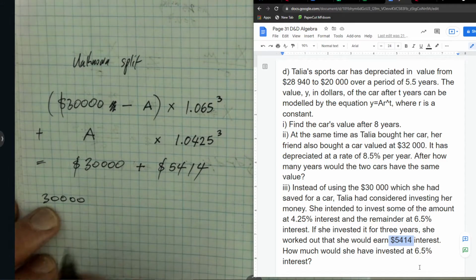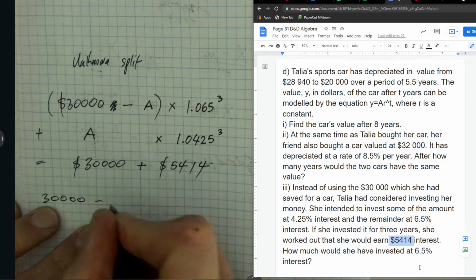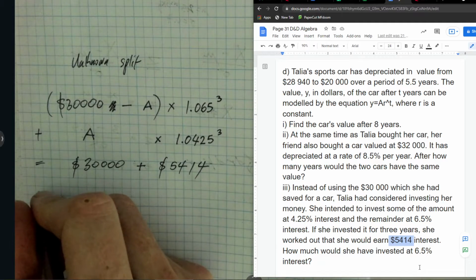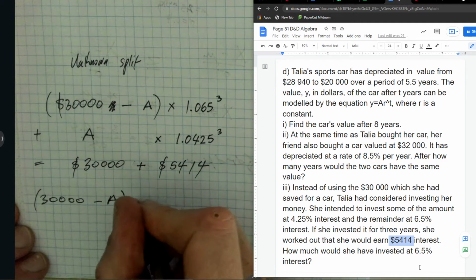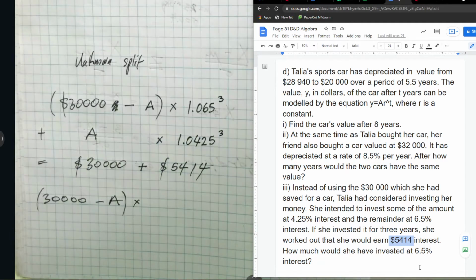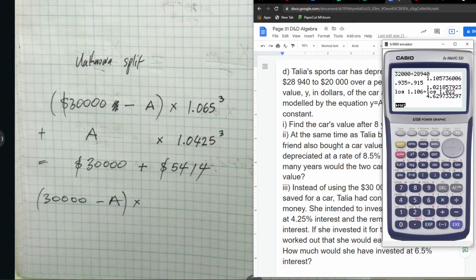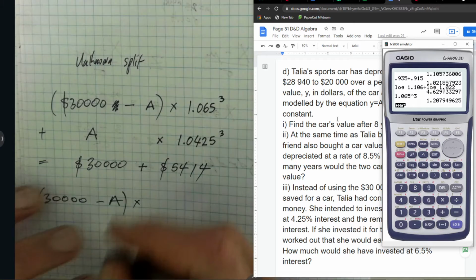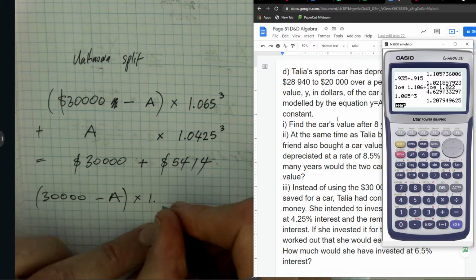30 grand, right, minus however much she splits off, times, and now I'm going to find the answer to this, 1.065 to the power 3, 1.208.